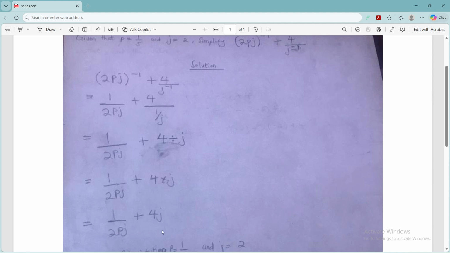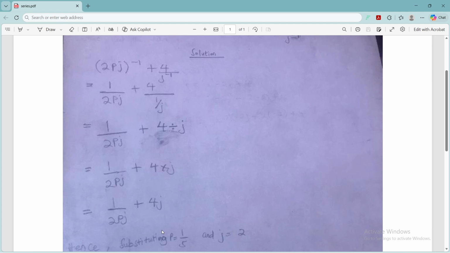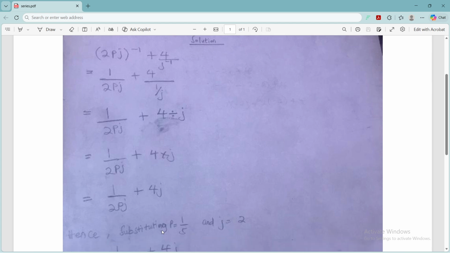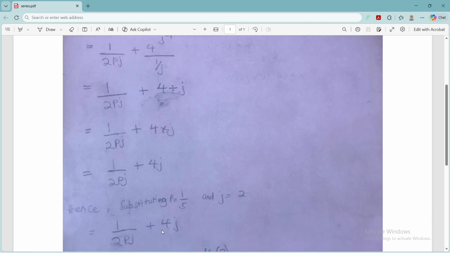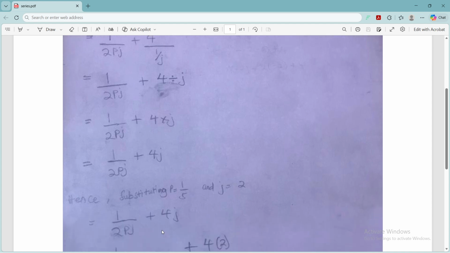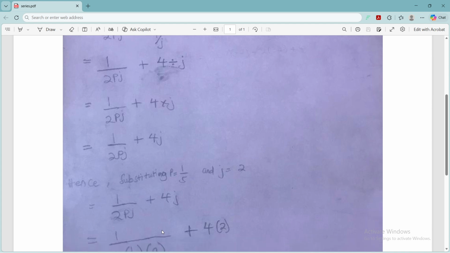So we substitute our given values into our equation to get our final answer, right? So we have our new equation to be the fraction 1 over 2pj plus 4j, right?